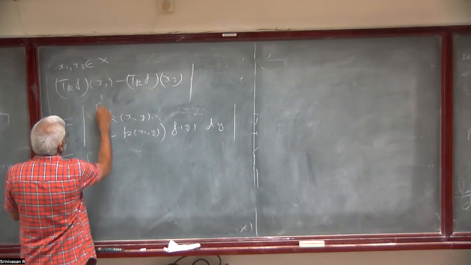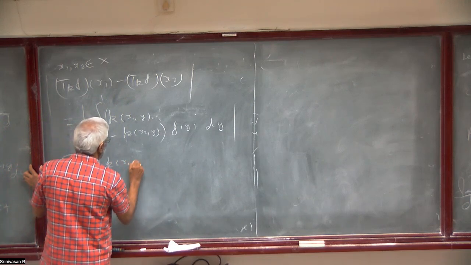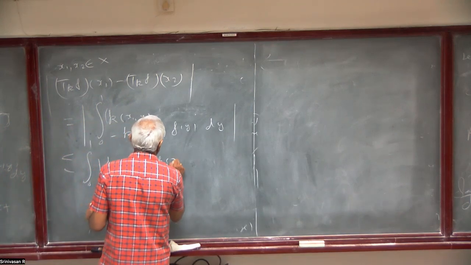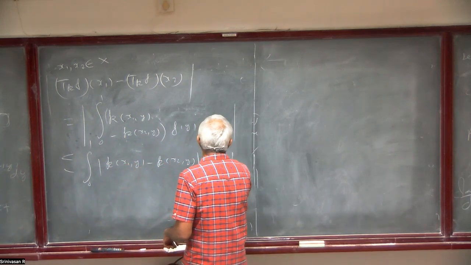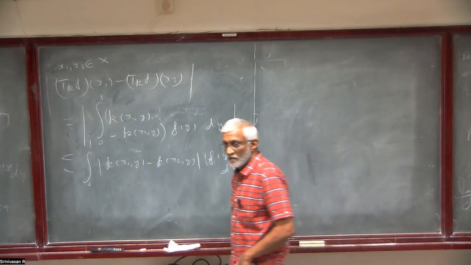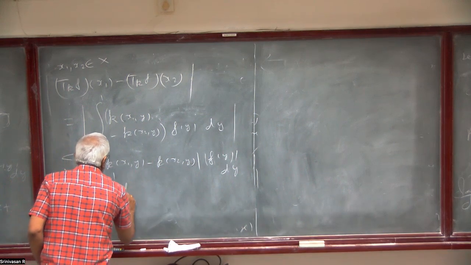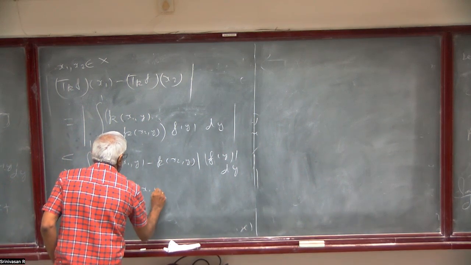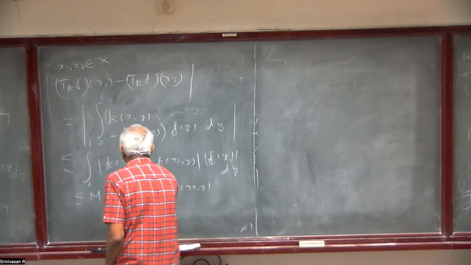Inside, this is the integral from 0 to 1 of mod of k(x1,y) minus k(x2,y) times mod f(y) dy. But mod f(y) is less than m. So this is less than or equal to m times the integral from 0 to 1 of mod of k(x1,y) minus k(x2,y) dy.